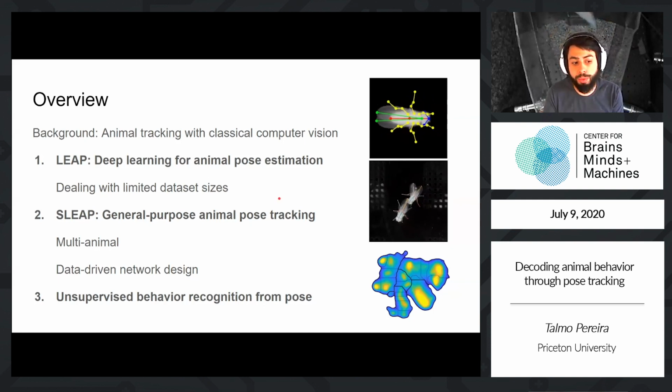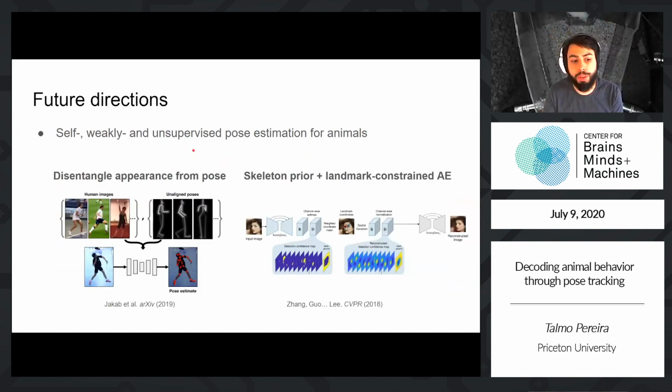Cool. I'm just going to quickly move on to the future directions so that we can get started with the tutorial. So moving forward, the things that we might want to do is to further help ameliorate the problem of having to do manual labeling of pose, particularly as it becomes more laborious with multiple animals.